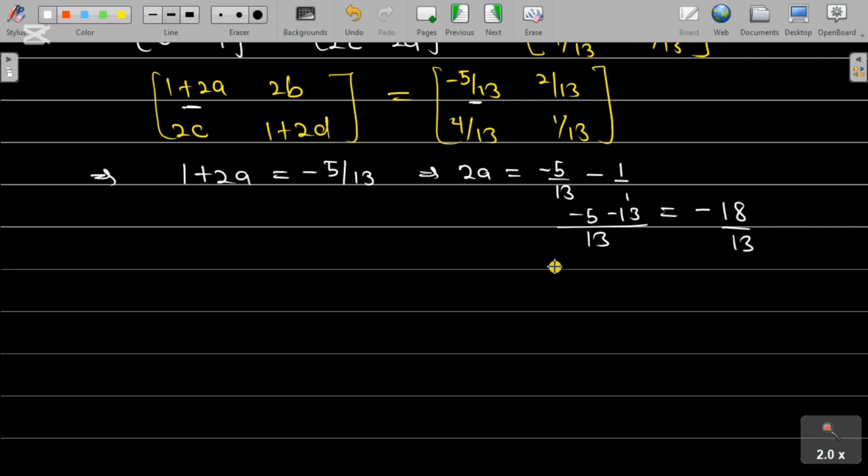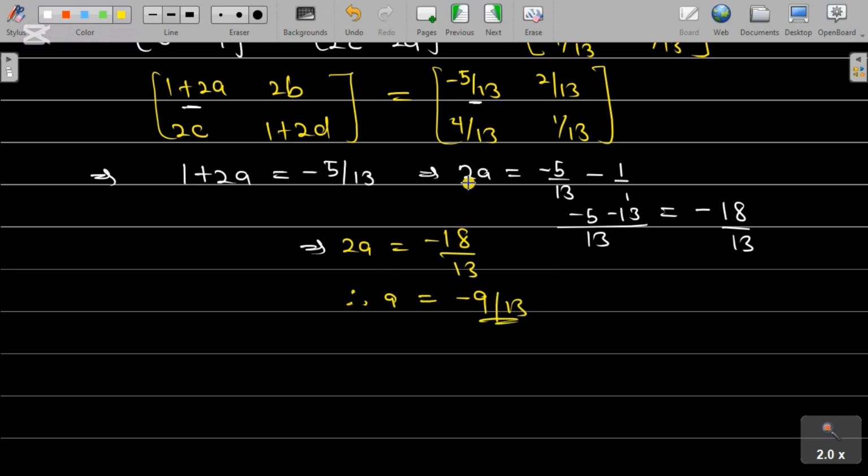And that's equal to 2a. So from here we have 2a equal to minus 18 over 13. Divide both sides by 2. I will get that a is equal to minus 9 over 13. So this is the value for my a.